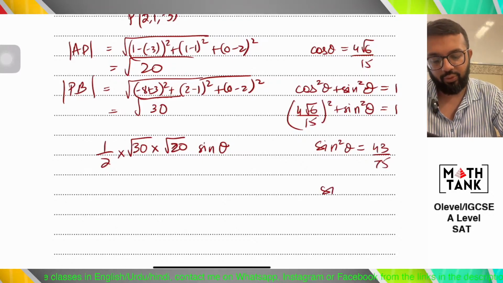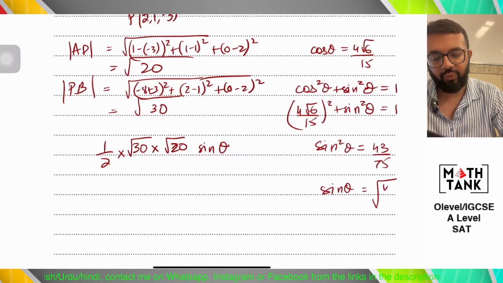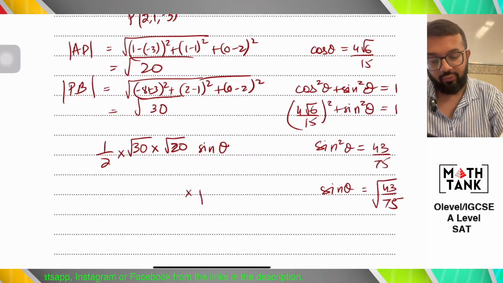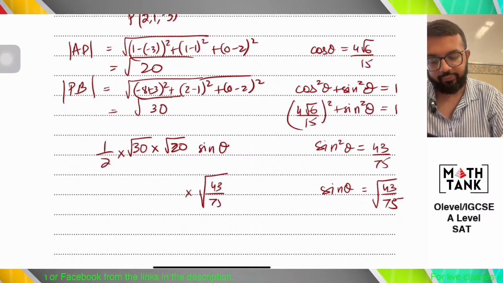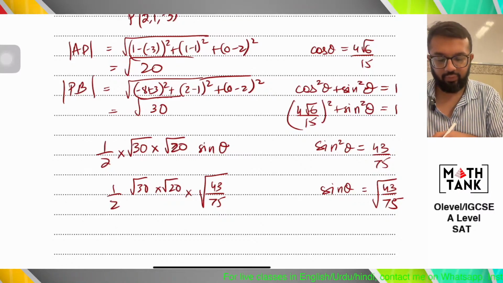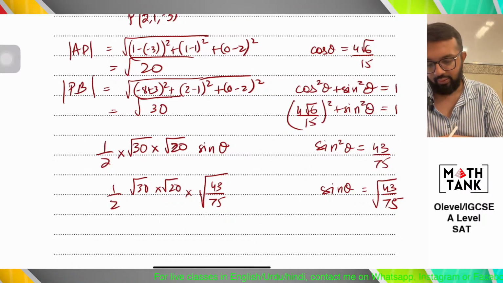If I take a root, that gives me root 43 over 75. I will have to check if I'm getting the right answers here. Okay, so let's put everything on a calculator then. What's root 600 divided by 2 root of 43?